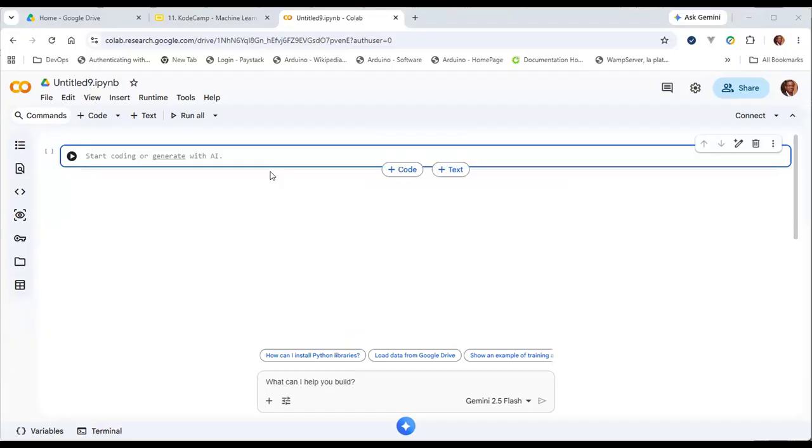All right, so we're just going to look at how you can model a sequence.